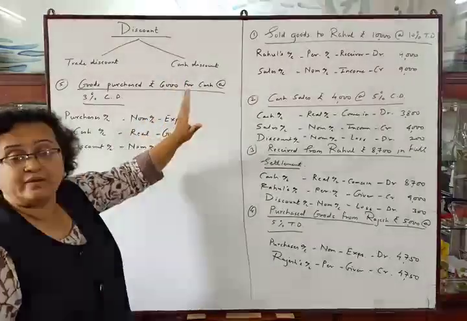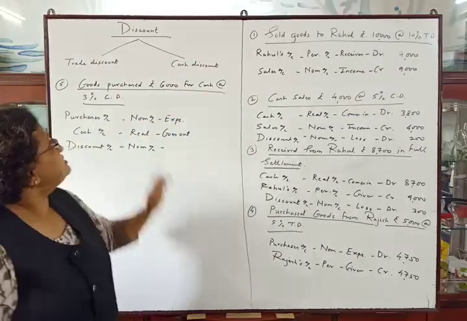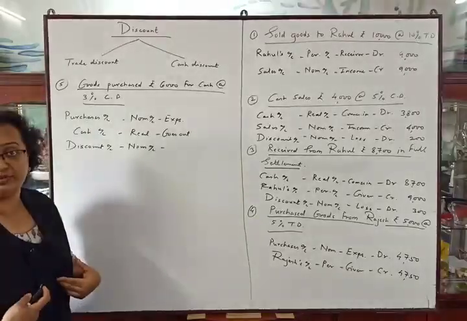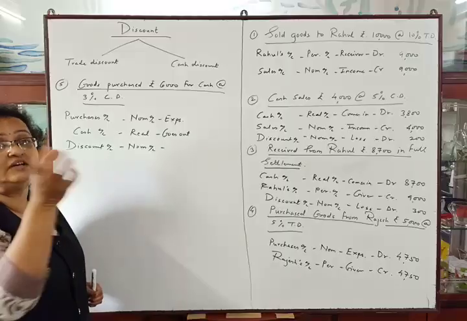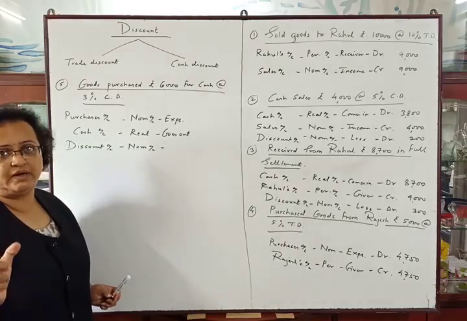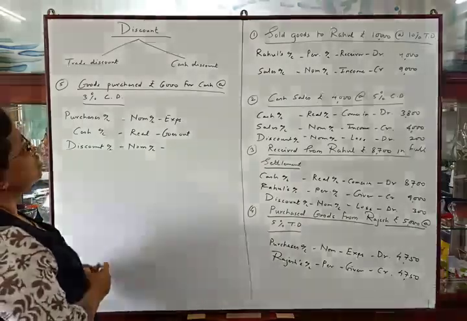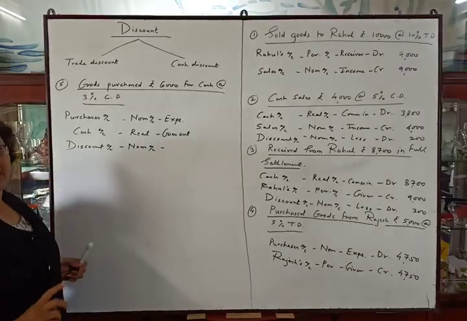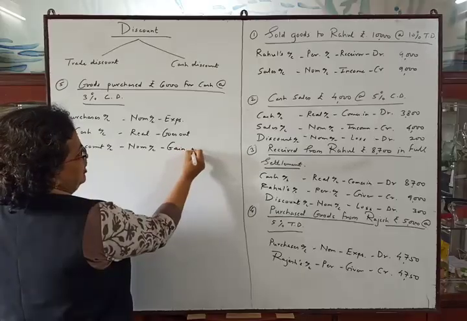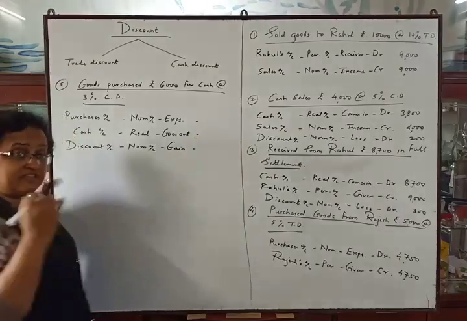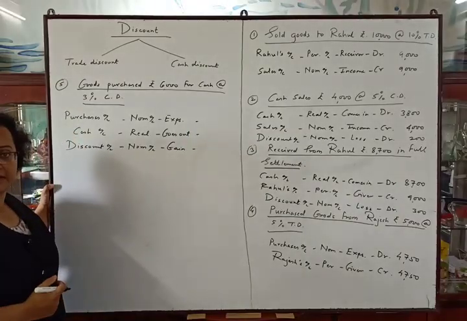Okay. So it will be 180 rupees. Means when we are purchasing goods for rupees 6,000, we are giving them less amount after deducting rupees 180. Understood? So here this discount is our gain. As we have to pay less amount because of this discount, it is our gain.